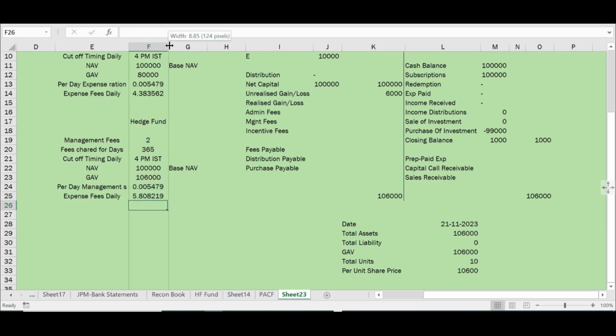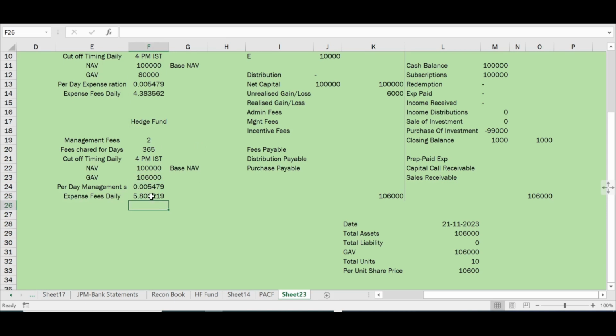So 5.8000. So this fees actually I'll update here. Management fees, and this will affect unrealized gain. So it means gain, it will be adjusted.